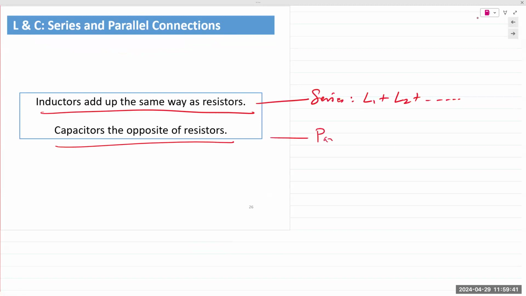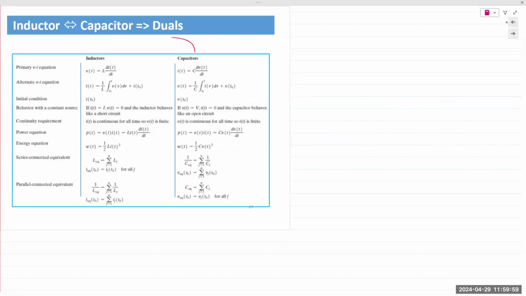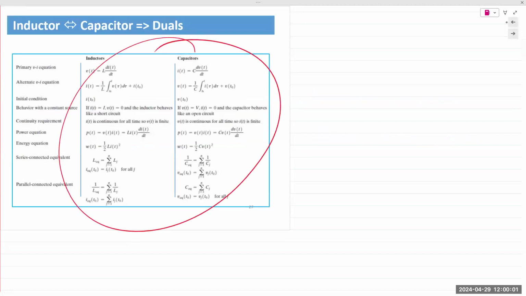Capacitors, if they're connected in parallel, simply add them up, C1 plus C2 plus C3, and so on and so forth. And if they're connected in series, then you have to take the reciprocals. Okay. The summary slide on the next page lists all the equations that you would need.